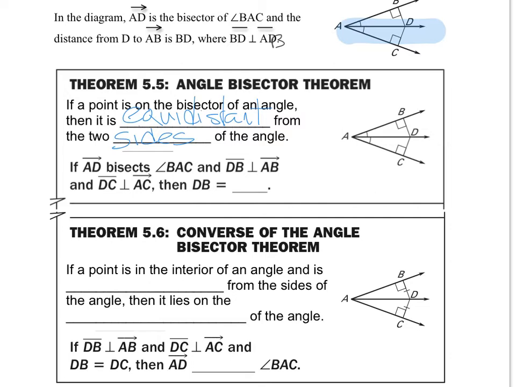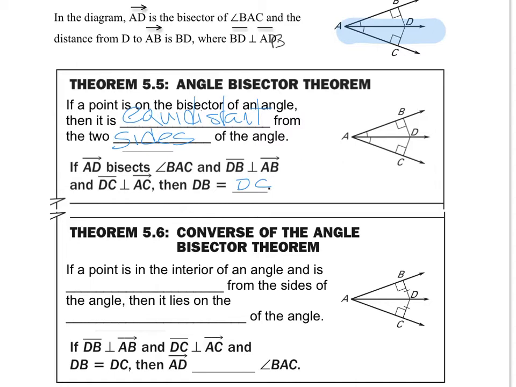So if AD bisects angle BAC, then DB is perpendicular to ray AB, and DC is perpendicular to ray AC. And DB length is equal to the length of DC.